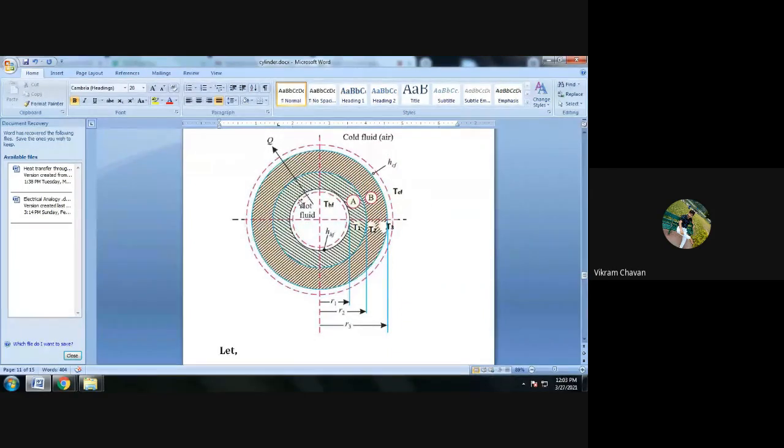How much surface area is available for the heat transfer from the hot fluid to the internal surface of the cylinder? R1 is the internal radius of cylinder A, so the area available is 2 pi R1 L.